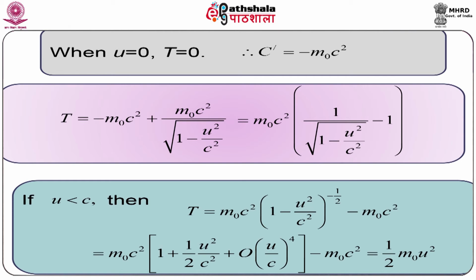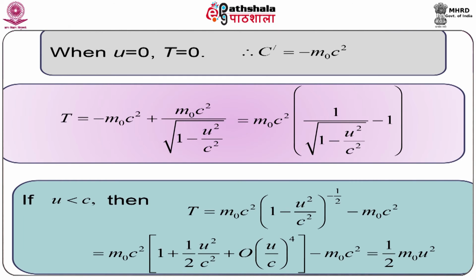If we expand this term, then we get capital T equal to m0 c square into 1 plus half u square divided by c square plus terms of order u by c whole to the power 4.